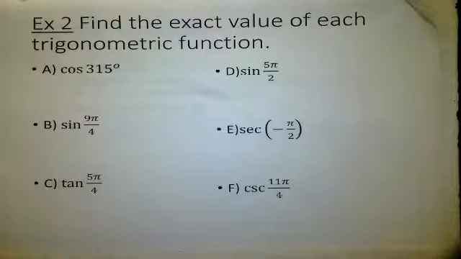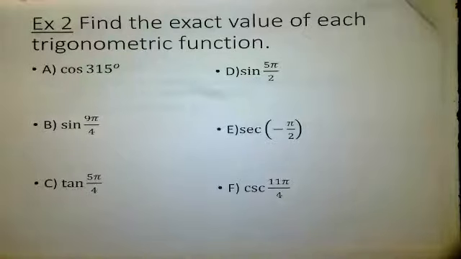All right, so we want to find the exact value of each trigonometric function. I don't necessarily want you to memorize the unit circle. There are really only 5 numbers you need to know because you already know how to draw angles so well. And if you know those 5 numbers, so today you learned 3 of the numbers.